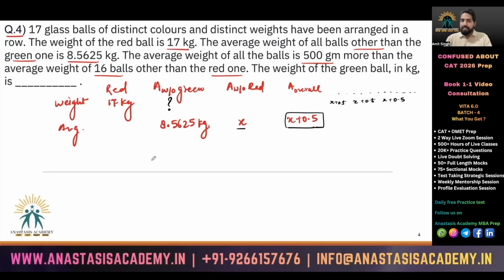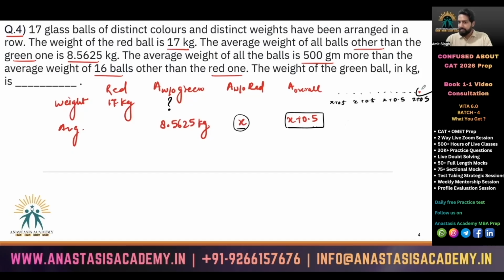And now let's assume there was this red ball, right? And when you remove this red ball, can you see the average weight of this red ball was also X plus 0.5? When you remove this red ball, this average is decreased. Can you see the overall average without the red ball becomes X now? So can you see the average was reduced?